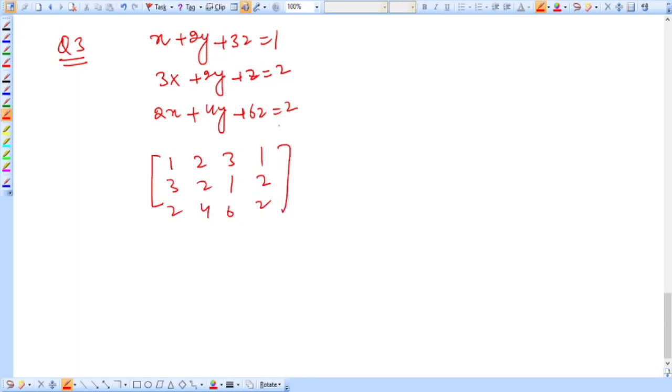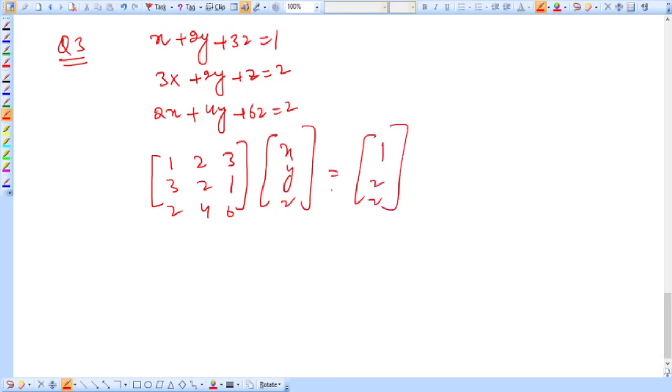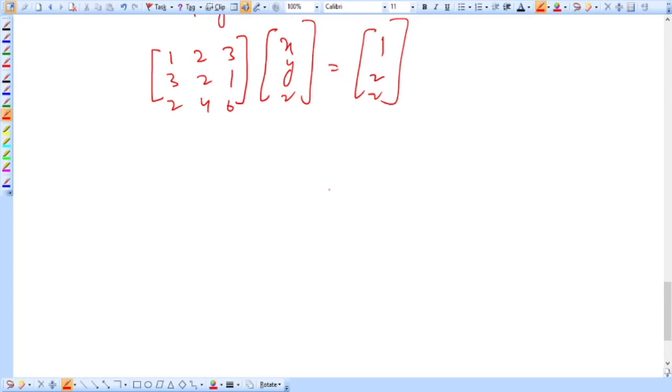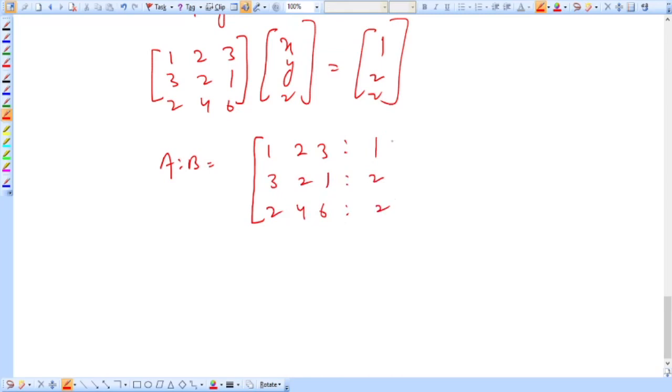Okay, sorry, this I have written as the augmented matrix. So the augmented matrix AB is equal to 1 2 3 1, 3 2 1 2, 2 4 6 2.